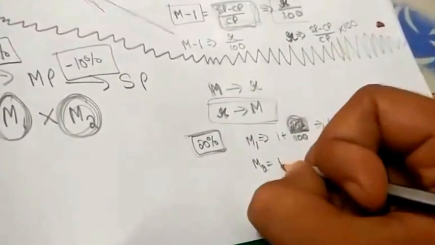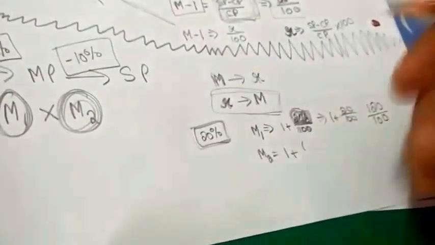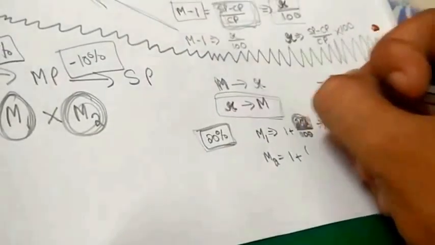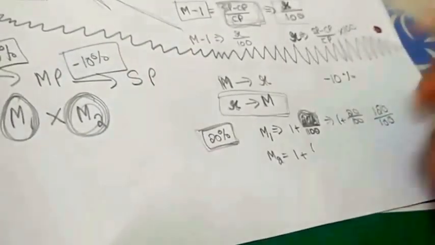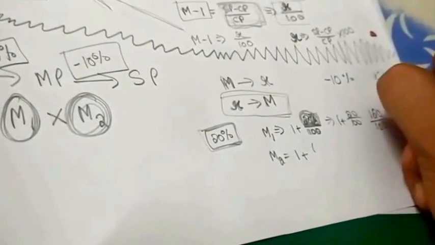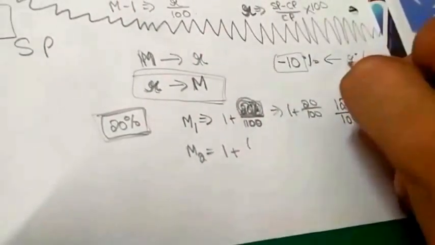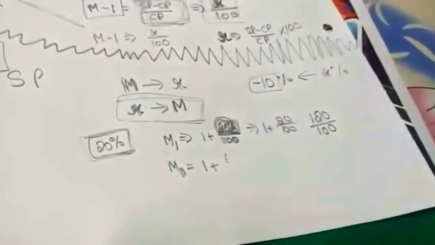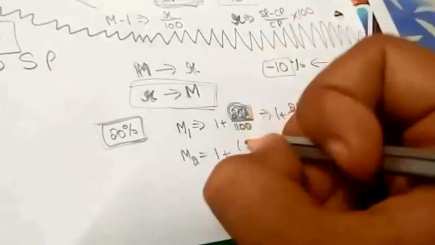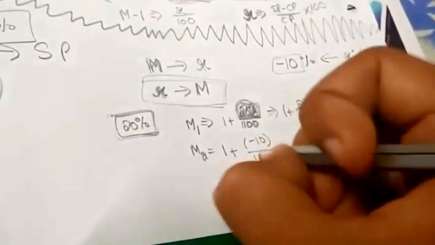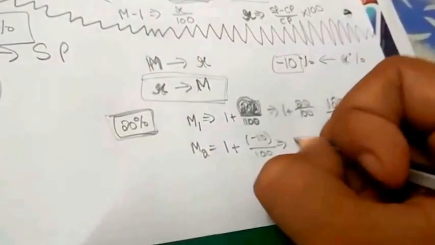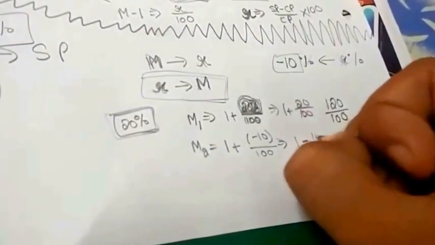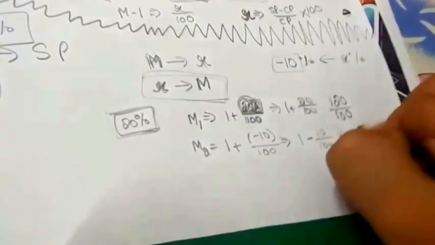M2 would be 1 plus, because that discount percentage was minus 10%, so that r percent was actually minus 10, so r here was minus 10. So in M2 we would have 1 plus minus 10 upon 100, and we would have 1 minus 10 upon 100, we would have 90 upon 100, right?